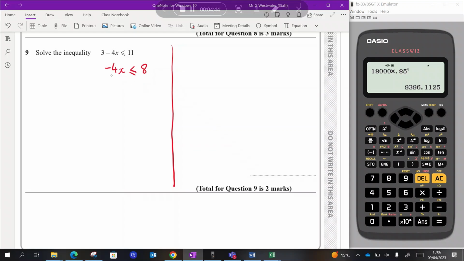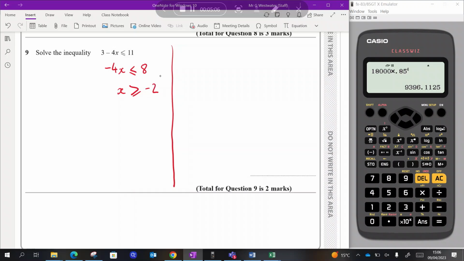Now the key thing is, when you're dividing or multiplying by a negative, you have to flip this inequality sign. Think about 1 being less than 2. If you divide this by minus 1, minus 2, the sign would have to swap around because minus 1 is greater than minus 2. So when we divide by minus 4, x has to now be greater than or equal to minus 2.